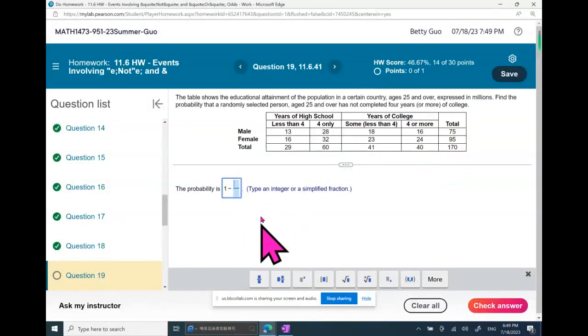So it's 1 minus 40 over 170. There's a reason we need to practice, right? And that gives us 130 over 170. 130 over 170 is 13 over 17.